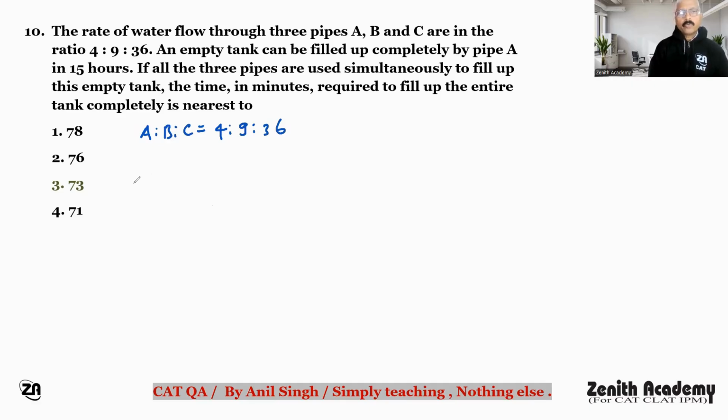So the rate of water flow through pipe A, let us take 4K liter per hour. Similarly, through B, it is 9K liter per hour. And C, 36K liter per hour.